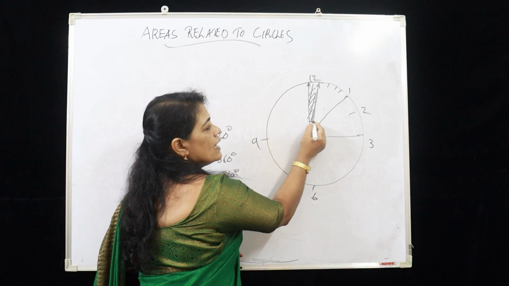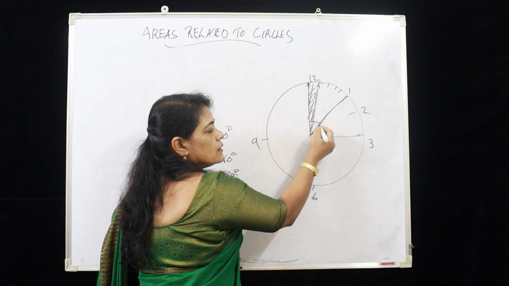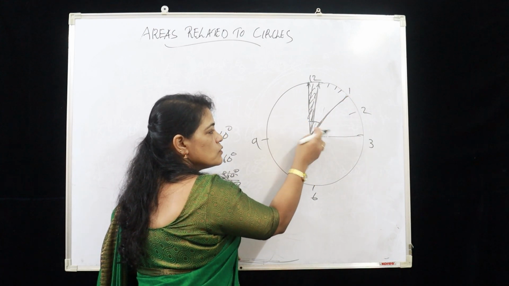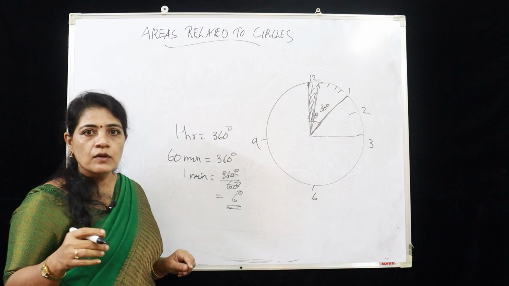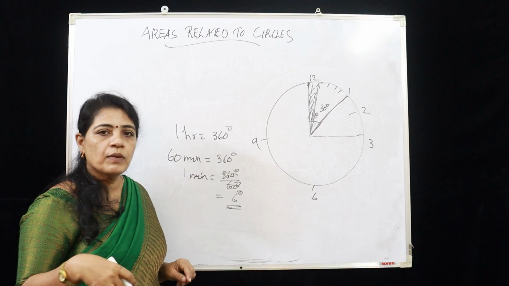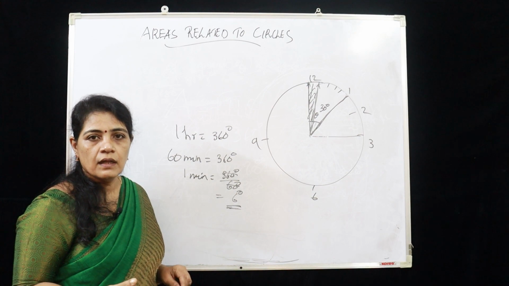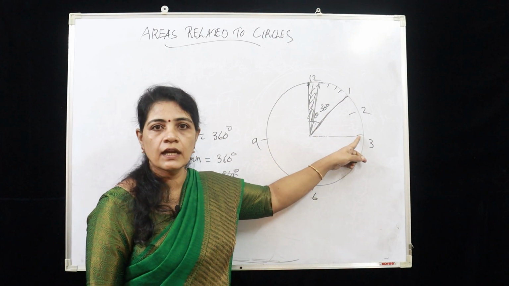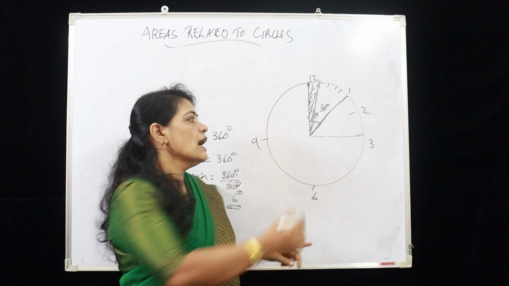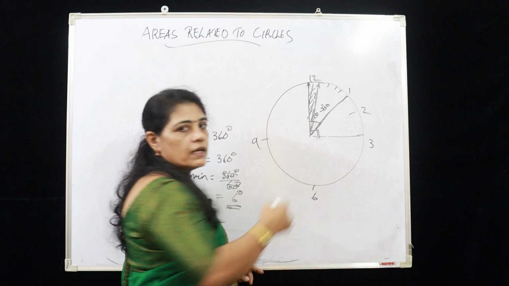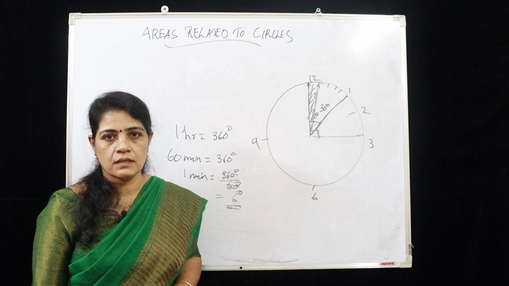So the angle between these two radii, theta, will be 30 degree. For 10 minutes, multiply 6 into 10. And for 15 minutes, 6 into 15 is 90 degree. That is a quadrant, and quadrant means 90 degree. 4 quadrants make the complete angle of 360 degree.